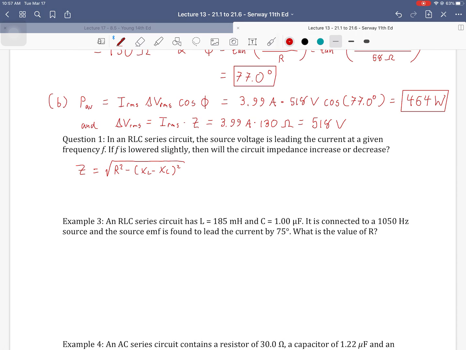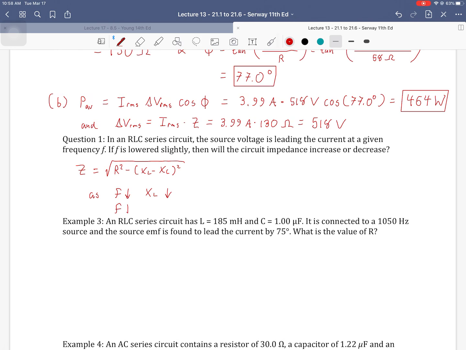So if f is lowered, that's going to make our XL go down. As f goes down, the reactance of the inductor also goes down because they're directly proportional.